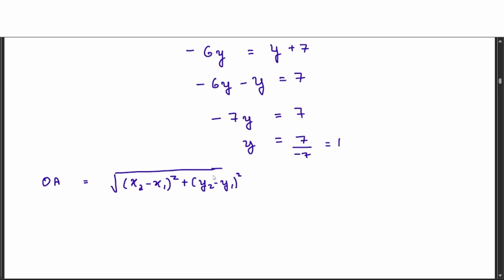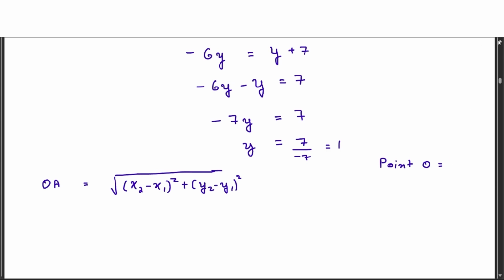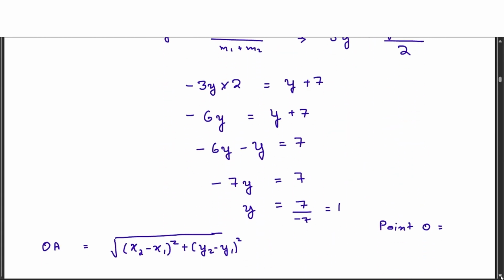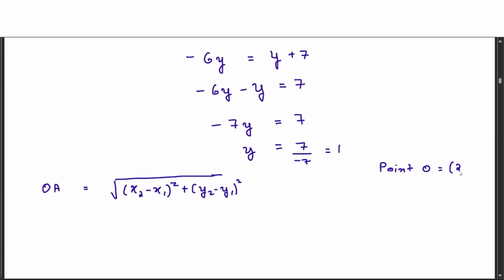Now before that we have to find the coordinates of the point O. So coordinates of the point O is given how much? You can see here, the coordinates of the point are given as 2 comma -3y.